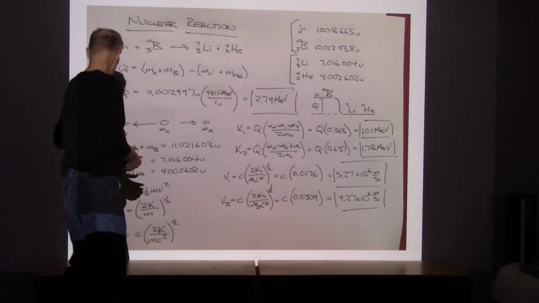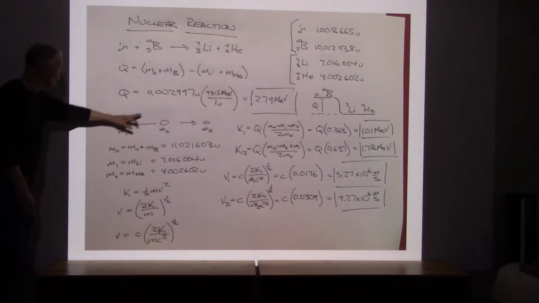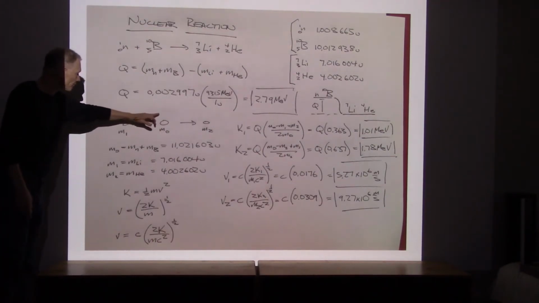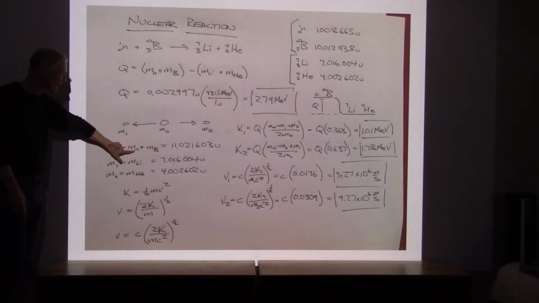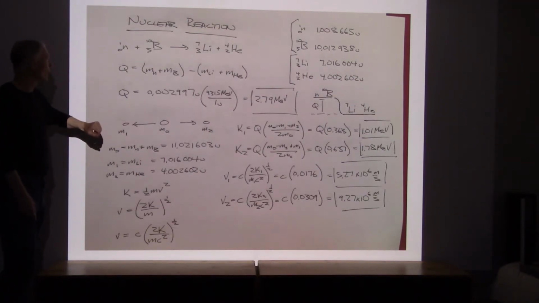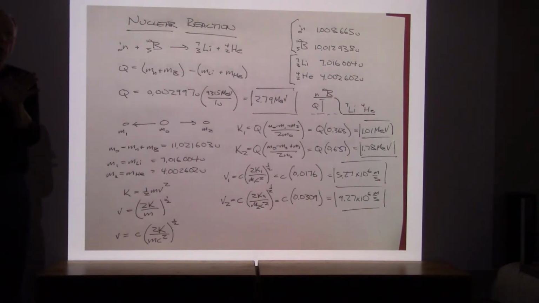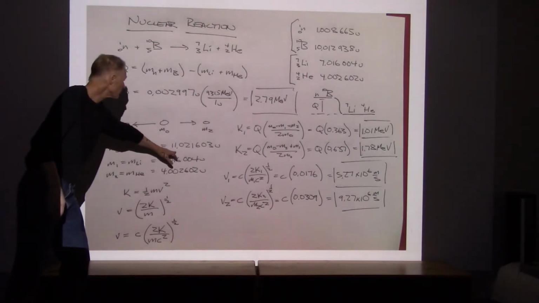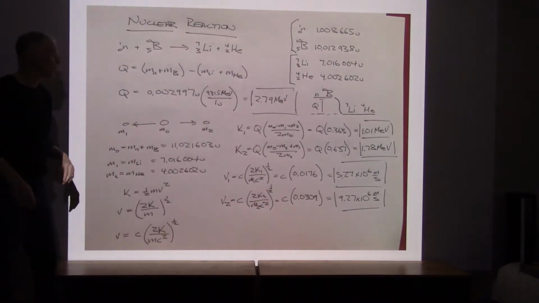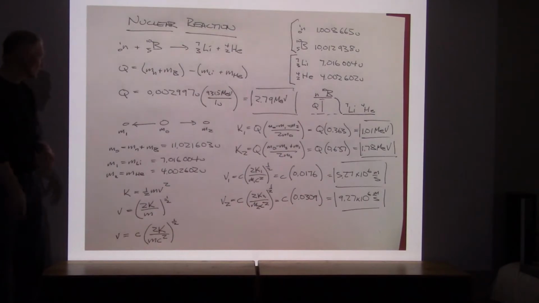So we could assign some numbers here. The starting mass is going to be the combined mass of the neutron plus the mass of the boron. So I've got the neutron and the boron mass combined as 11.021603. I can treat it as if it's one combined object once the neutron comes in and sticks.